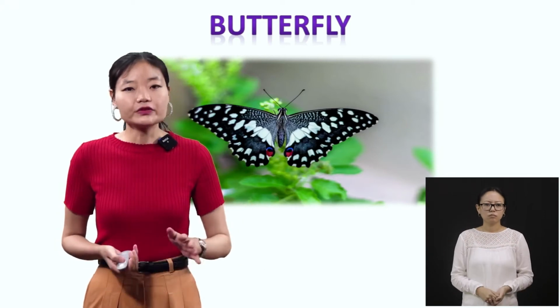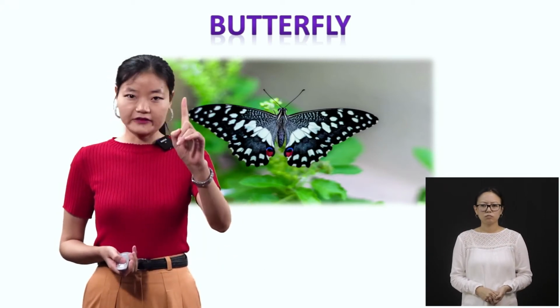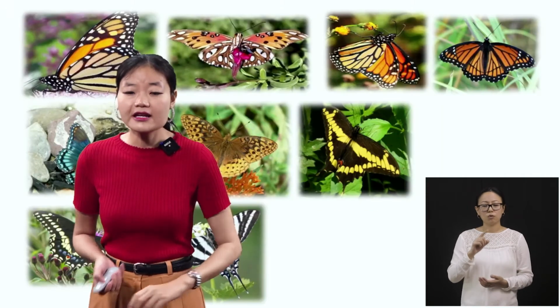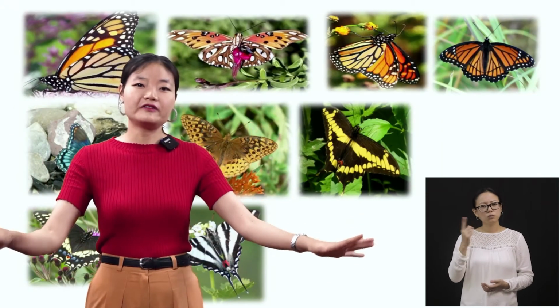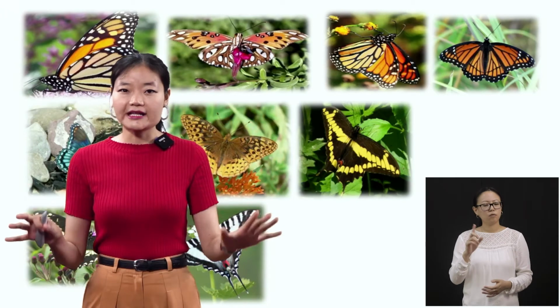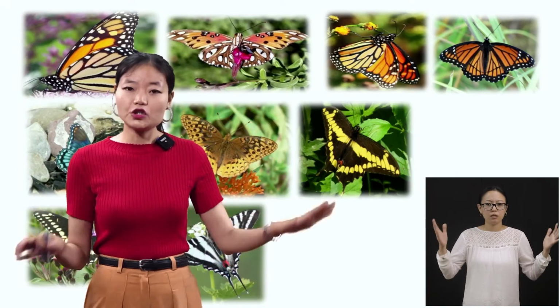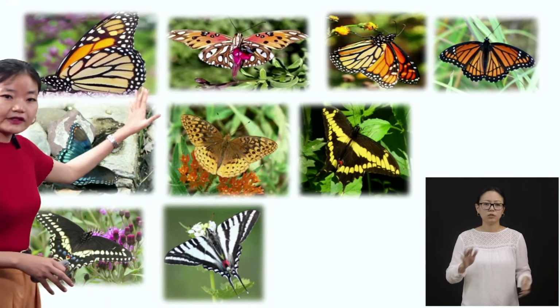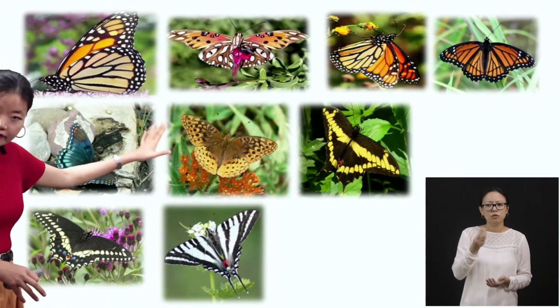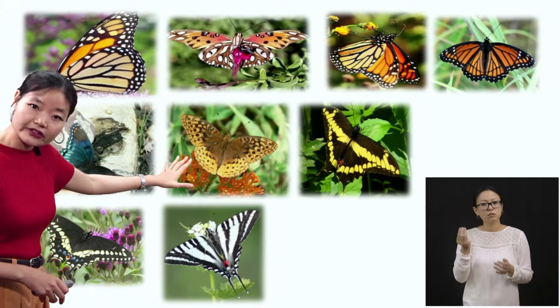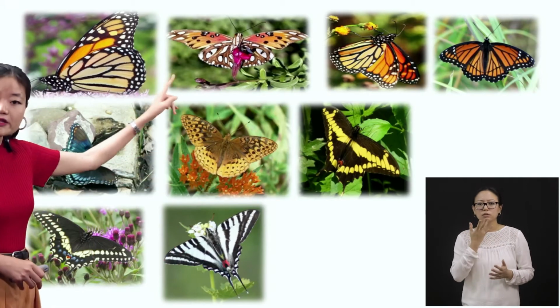All right. Now there is not just one butterfly, but there are different types of butterflies, and they are so beautiful and so colorful. Now look at this. The size of the butterfly, the wings of the butterfly, the color of the butterfly varies from one another, right?